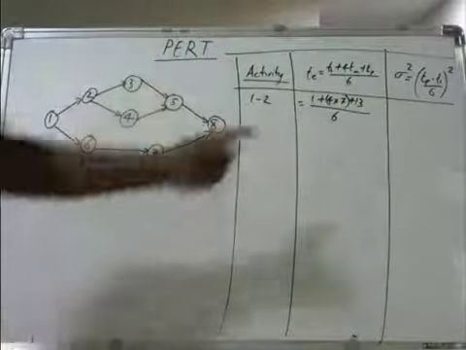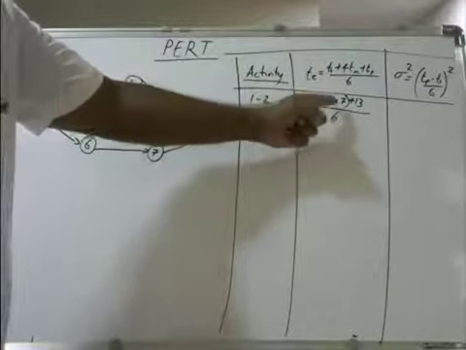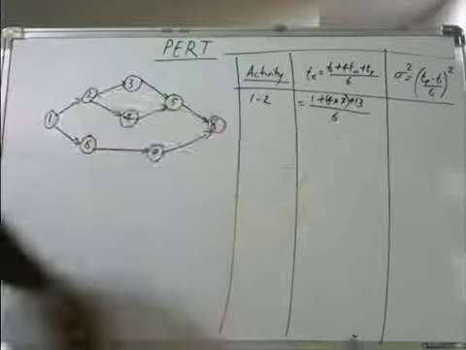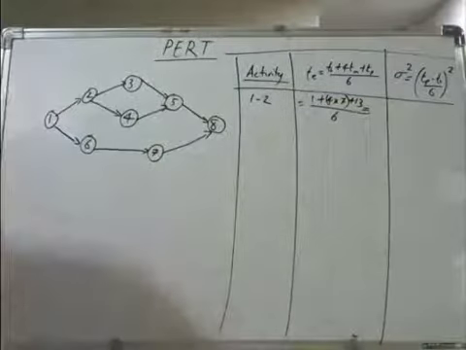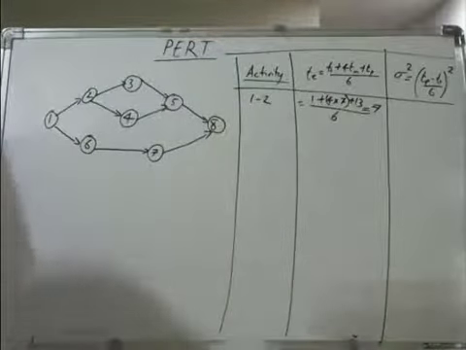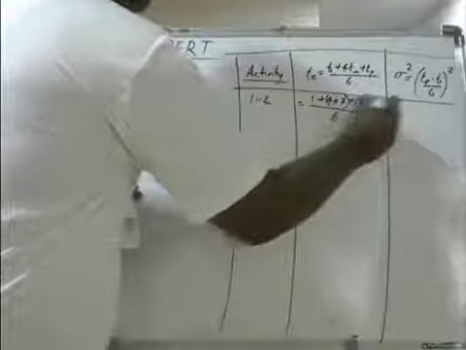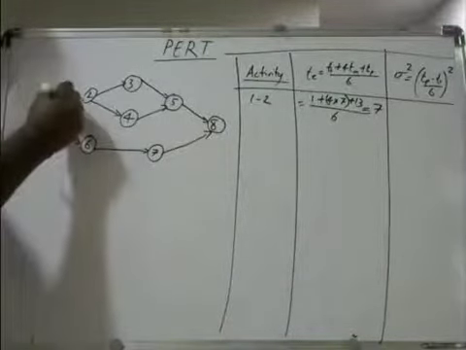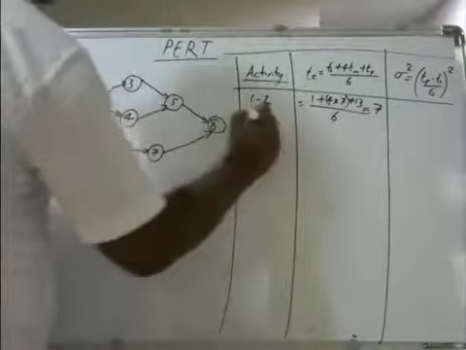So you got this clear? T0 or A plus 4TM, 4 into 7, plus 13 TP, divided by 6. If you do this, you will get that for the first activity, the TE is 7. So from 1 to 2, the time estimate is 7. Okay.